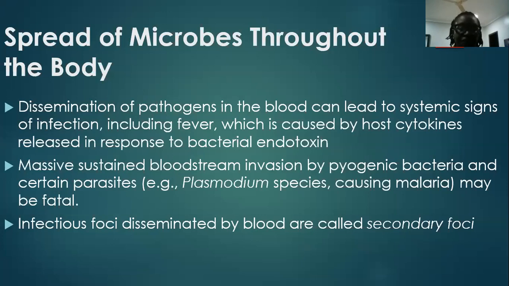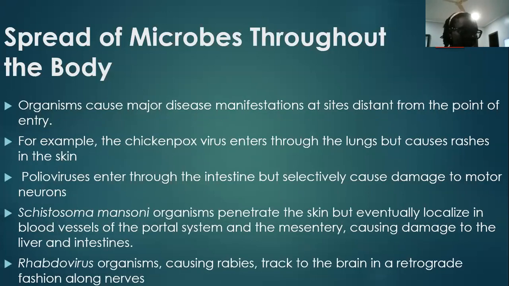When an infection from one place causes a generalized infection in another place, that place becomes a secondary focus of infection. And the primary focus of infection is where the organism entered from. The other sites where the infection occurs are secondary foci.